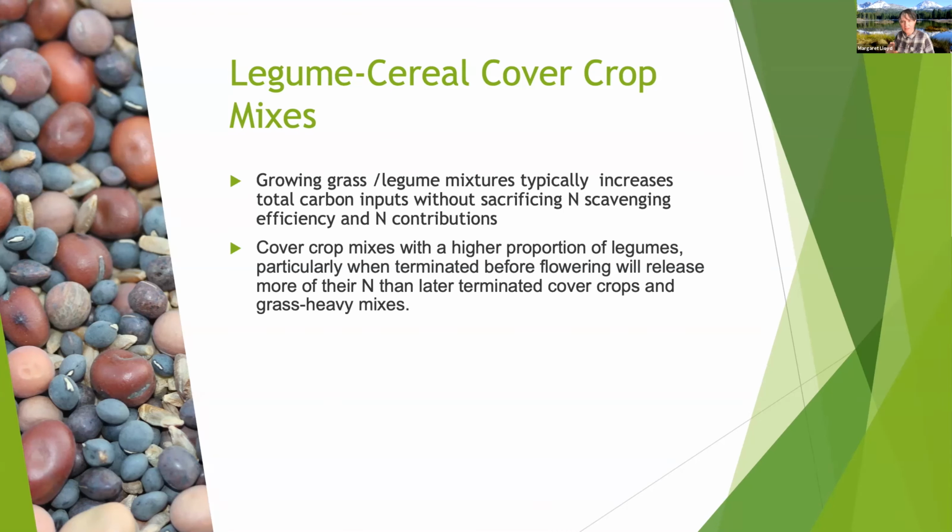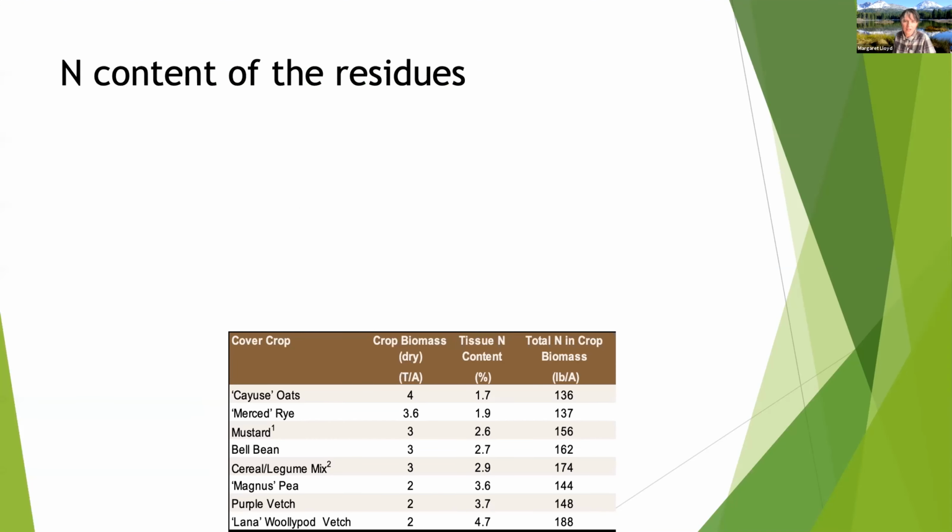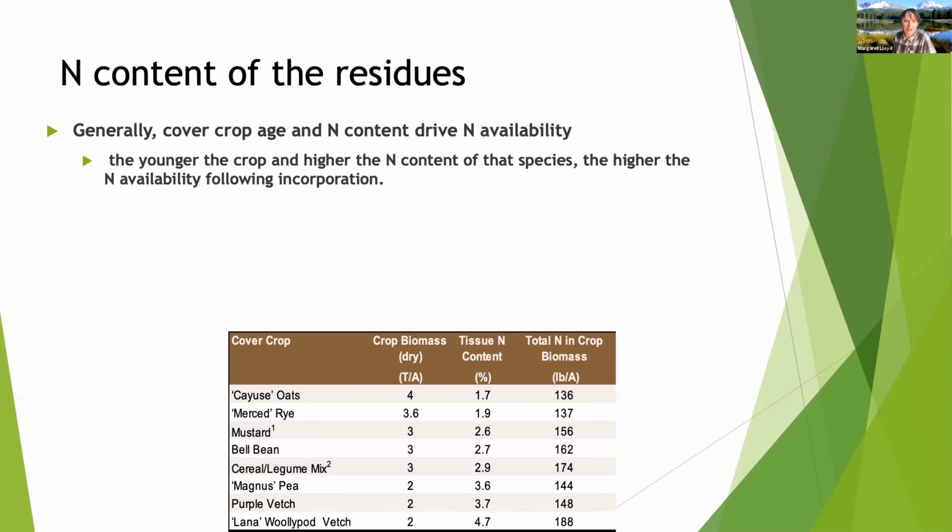And then this can often lower a total; the tissue N content can be higher when legumes are mixed into a cereal crop. So when we look at the N content of residues, a couple of things are influencing that.